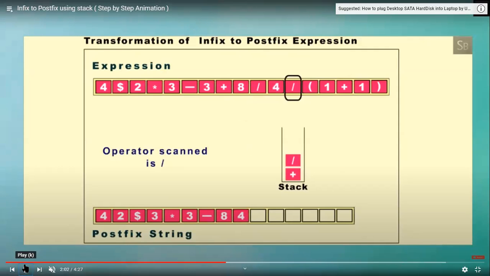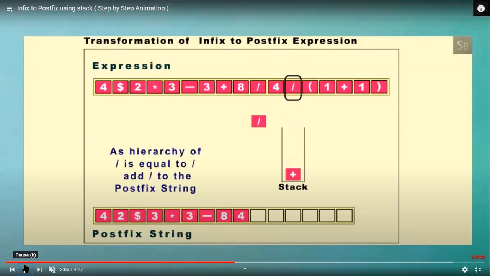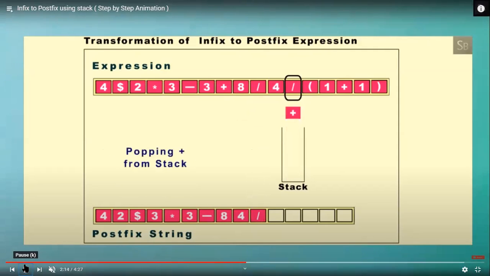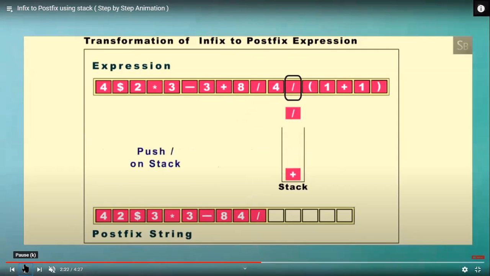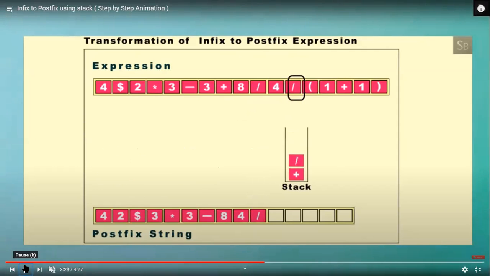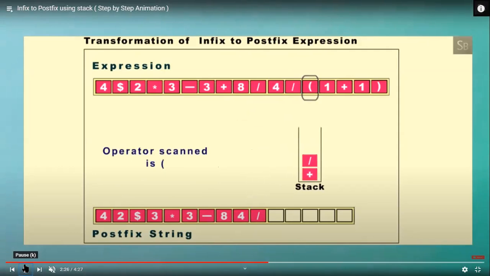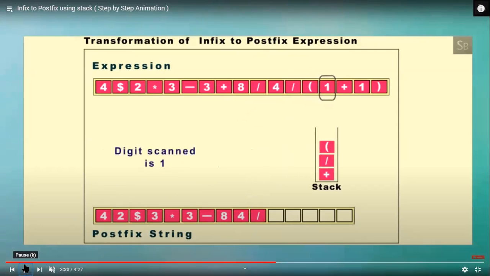Then we have another slash. You can see there are two slashes, and they are compared. The hierarchy of slash is equal to slash, so we add the first slash to the postfix string, and we push the second slash on top of the plus operator.